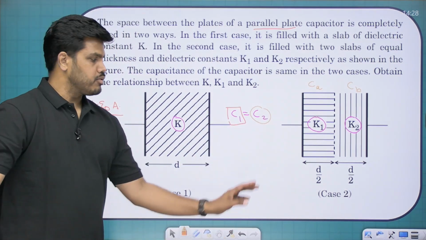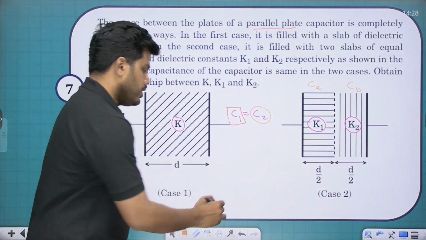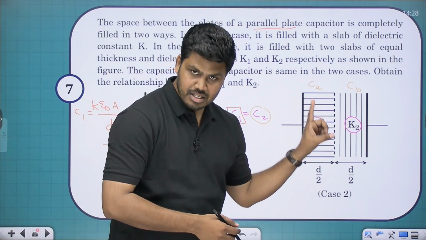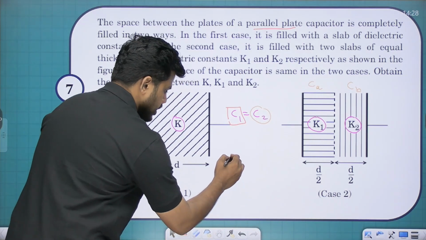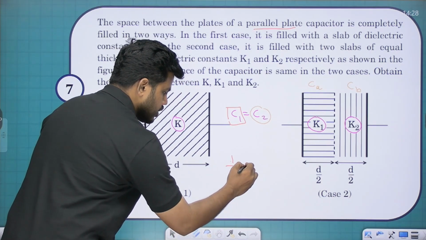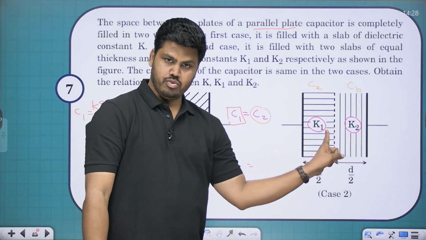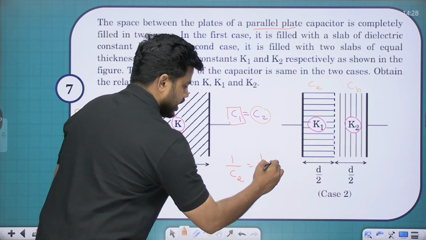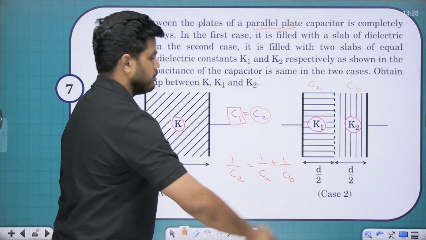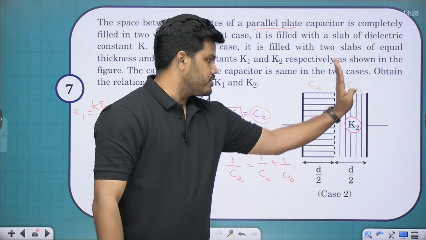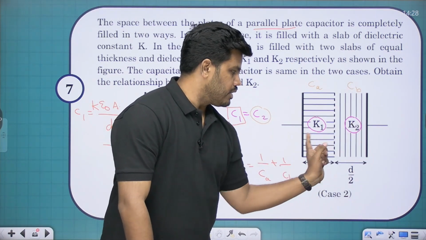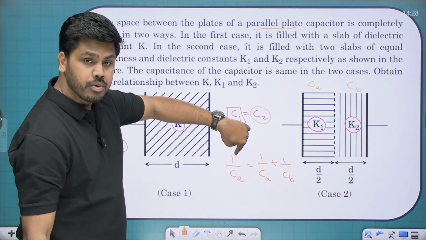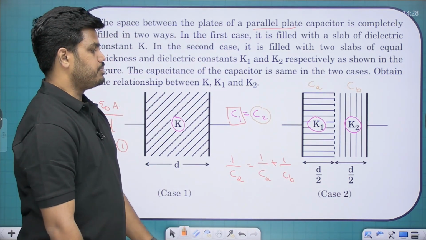We have to find C2. C2 is a combination of two capacitors connected in series. So 1 by C2 is equal to 1 by CA plus 1 by CB, because CA is the first capacitor and CB is the second capacitor. They are filled with different dielectric materials. The series combination of the two will give you the effective C2.